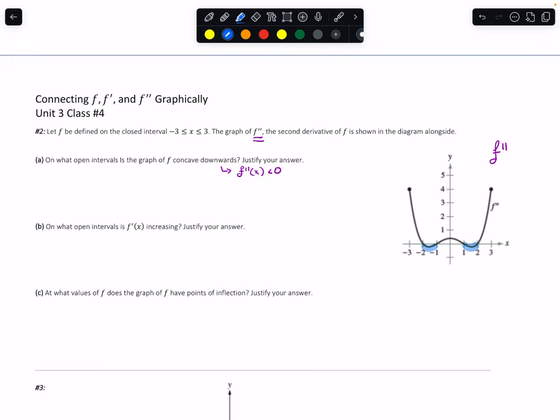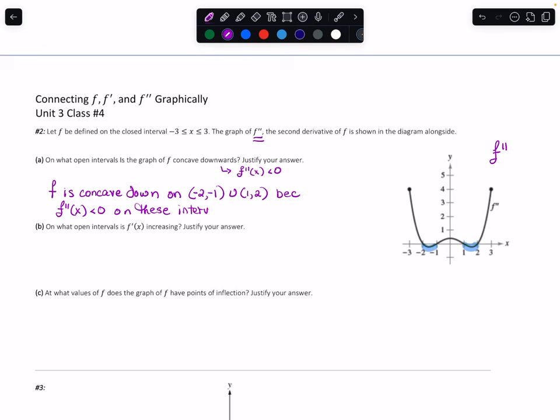So I'm going to say that f is concave down on, so that would be from -2 to -1, union 1 to 2, because f double prime of x is negative on these intervals.